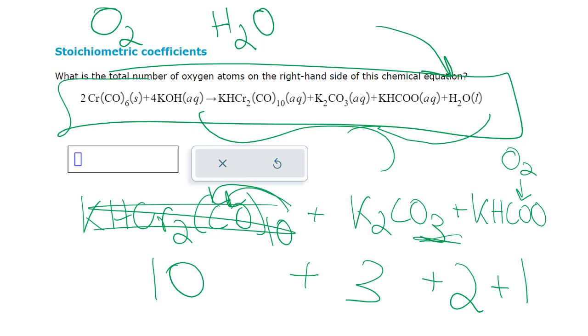I have a good analogy in my head, but I don't want to put it on YouTube the first time I tried it, so I'll think about it and maybe try it later. Anyways, oxygen, when bonded, does not have to be O2. So here, total amount of oxygens is 16, on the product.